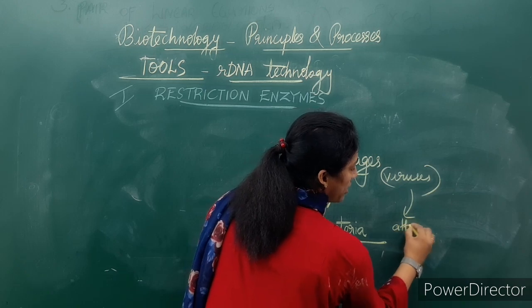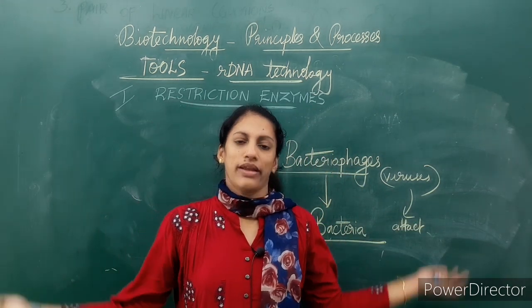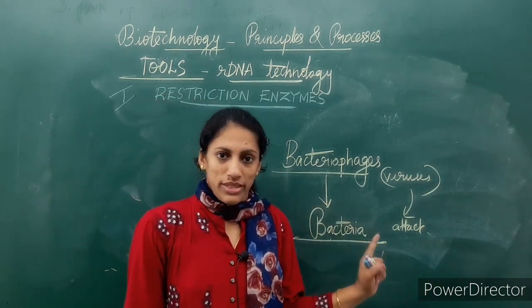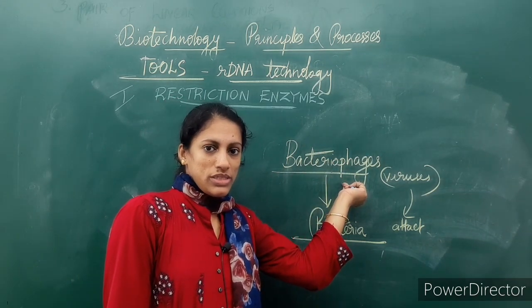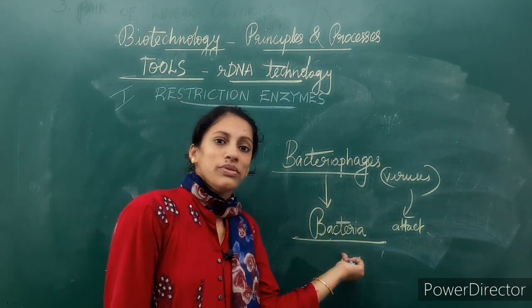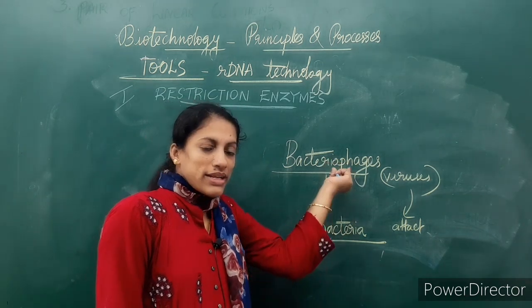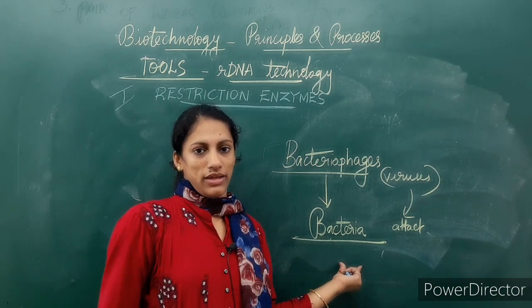They attack bacteria and make disturbances there, express their own genes there and alter everything. Whereas scientists have noted that certain bacteriophages are unable to attack bacteria. The bacteriophage's DNA is not allowed to express in bacteria.